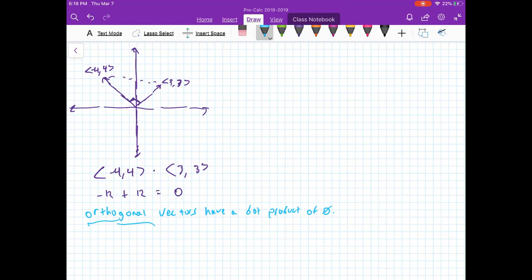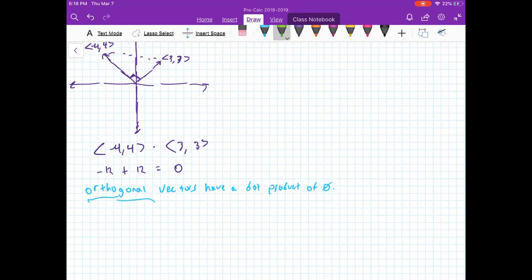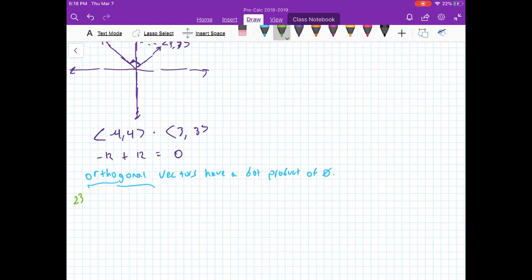If we want to put this into practice, let's see if we can prove that certain vectors are orthogonal. Let's look at problem number 23. It says, prove that the vectors u and w are orthogonal. So we have a vector u equals 2, 3, and a vector w equals 3 halves and negative 1.